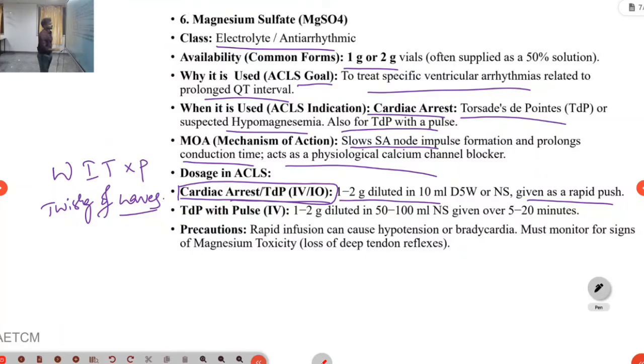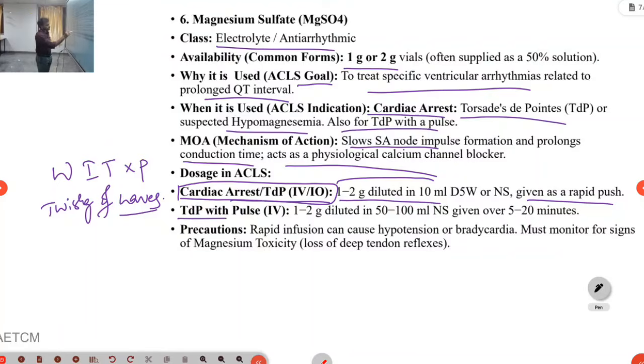We have already discussed the two shockable rhythms of cardiac arrest. In that, if the patient is having torsades de pointes, that is twisting of the waves around the axis, without a pulse, then we can give 1 to 2 gram magnesium sulfate diluted in 10 ml.